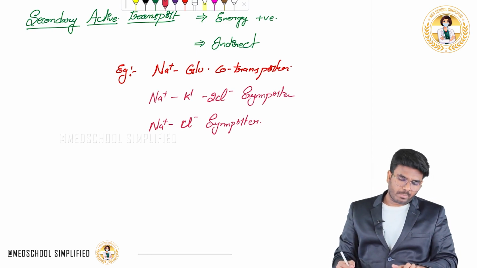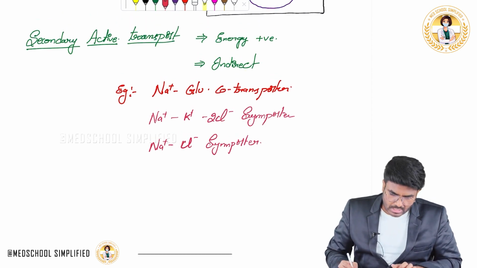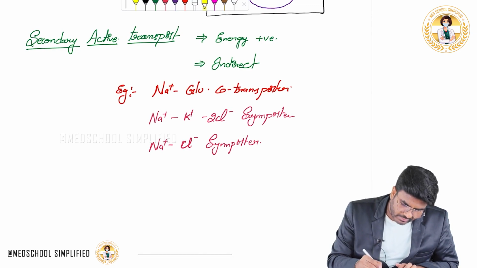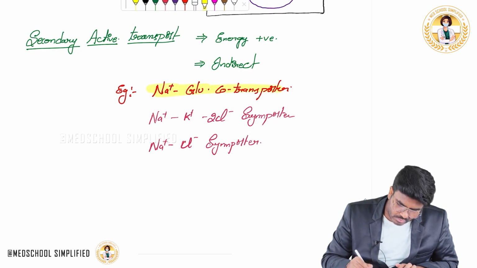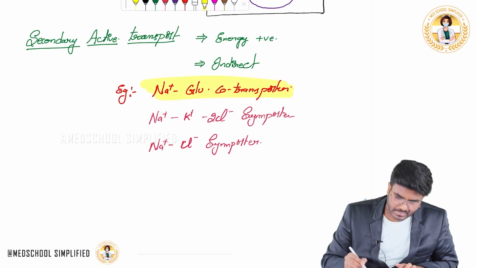So these are the examples of secondary active transport. Now, the most important one, which comes in your exam every time, is this sodium glucose co-transporter.